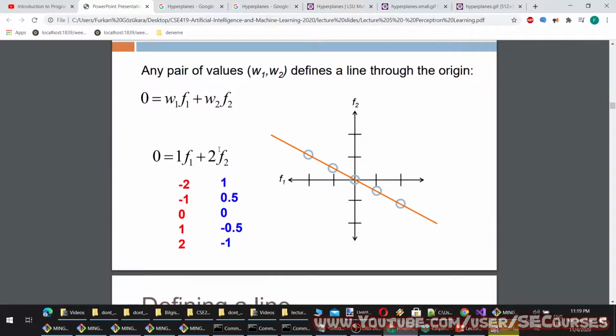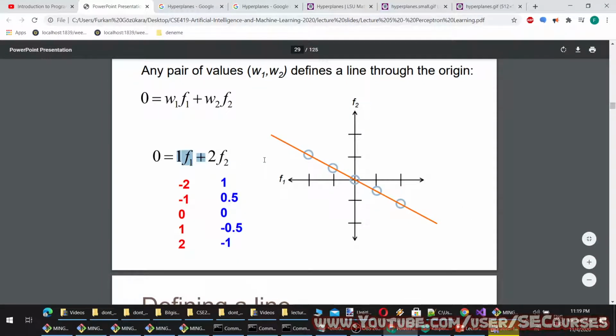So based on the origin, this would be the line of 1 and 2. When W1 is 1 and W2 is 2, this would be the line that it generates through the origin. Why? You see, when F1 is 1, F2 is minus 0.5.